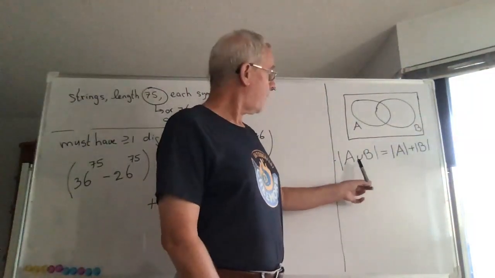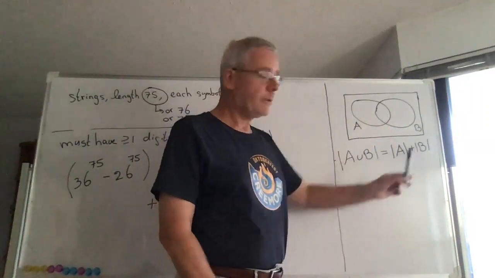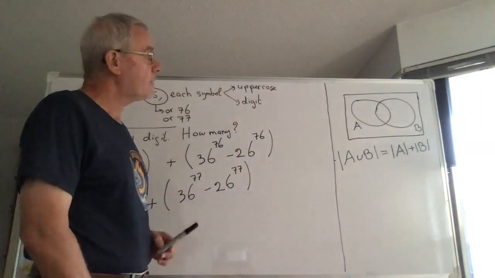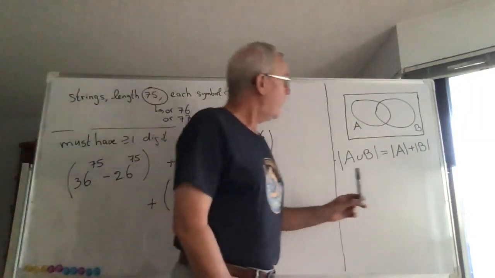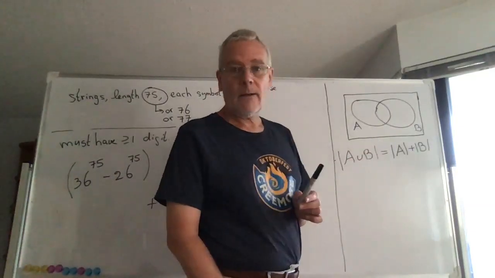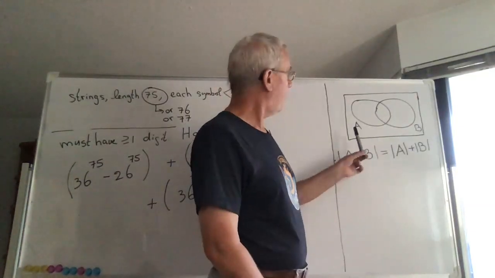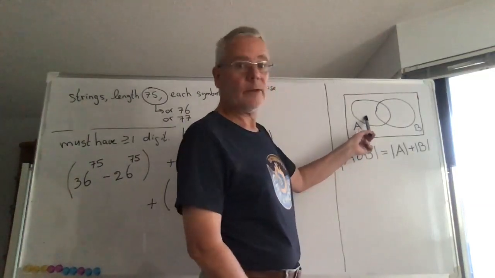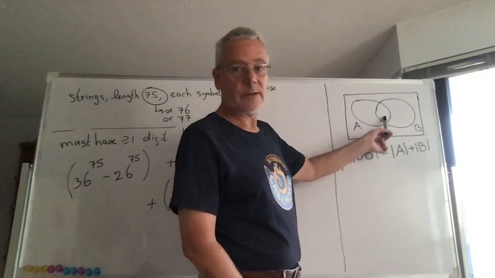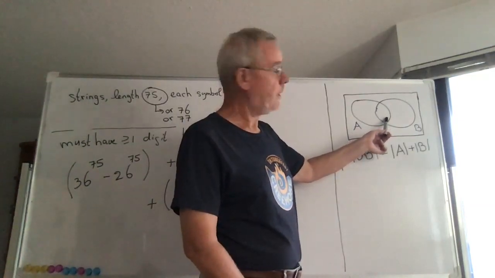So we start with the size of A plus the size of B. And now look in this Venn diagram here. If you have an element of A, it can be here. That means it's in A but not in B. Or it can be there, which means it is both in A and in B.